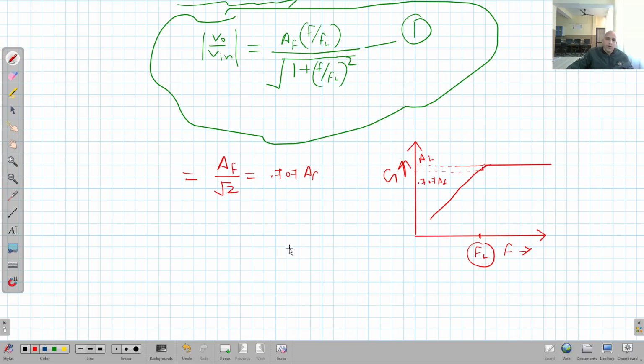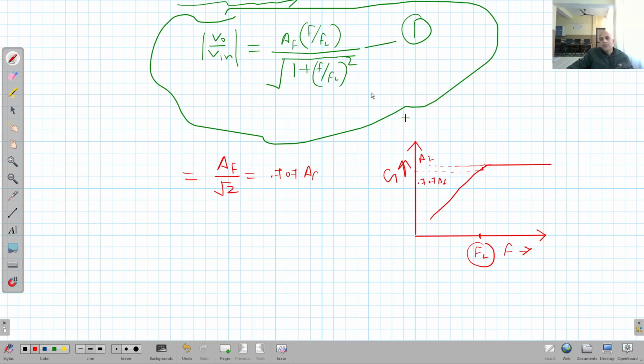So now the next condition is when F is very greater than FL. In that case, if F is higher than FL, then I can ignore this 1 as compared to this term, right? Then the square root of this term will be some number, right? Greater than 1. Clear? And it is obviously F is greater than FL, so again it is a number. So we will get a number that is more than AF.